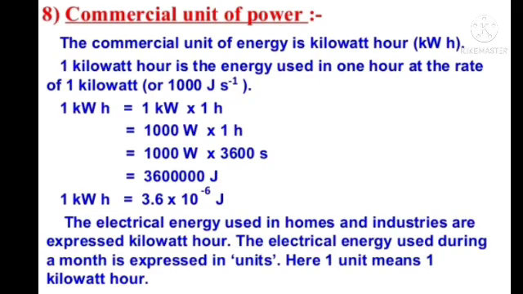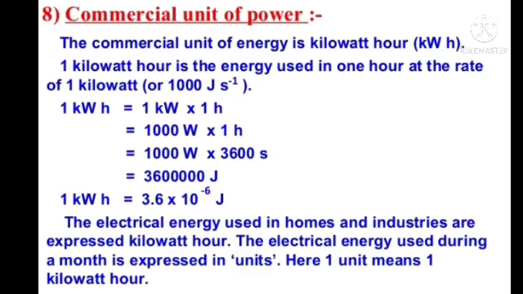Commercial unit of power. The commercial unit of power is kilowatt hour. 1 kilowatt hour is the energy used in 1 hour at the rate of 1 kilowatt. So 1 kilowatt hour is equal to 1 kilowatt multiplied by 1 hour, equal to 1000 watt into 1 hour, 1000 watt into 3600 seconds, which is equal to 3.6 multiplied by 10 raised to 6 joules.